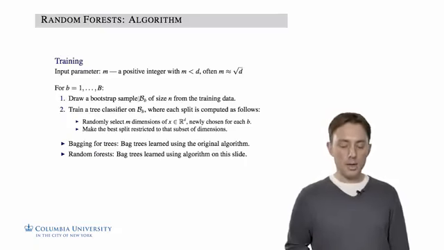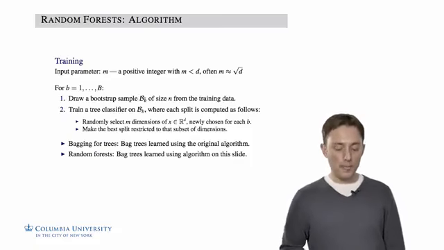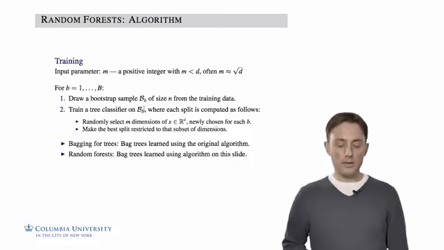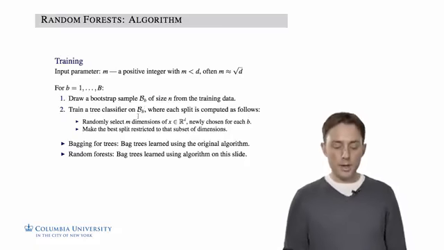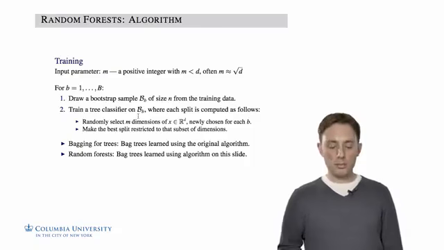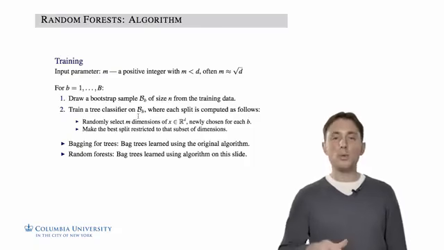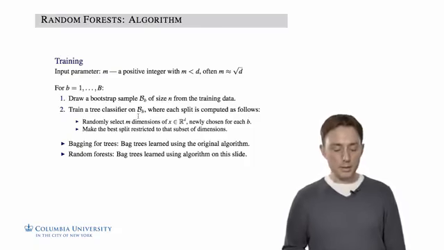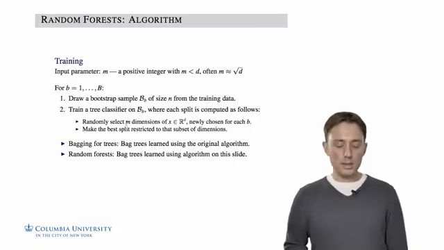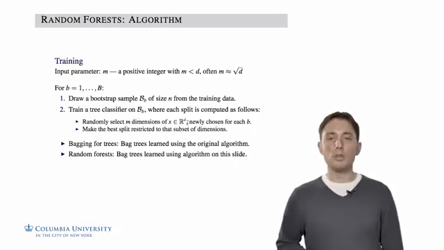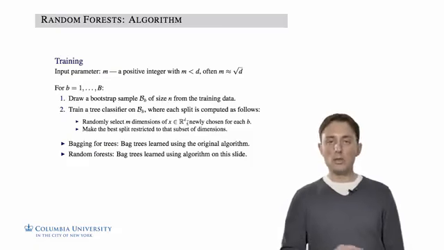We then train a tree classifier on that bootstrap data set. But now we compute our splits as follows. First, when we decide that we want to make another split, we randomly select m dimensions from the original d dimensions, totally at random.